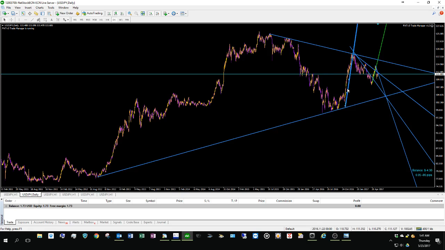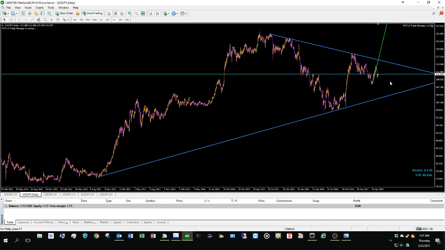So if we took out some of these other ones that we put in here and look at where we're at today, we'd probably get a better idea of where it's going to head, somewhere down in this area.